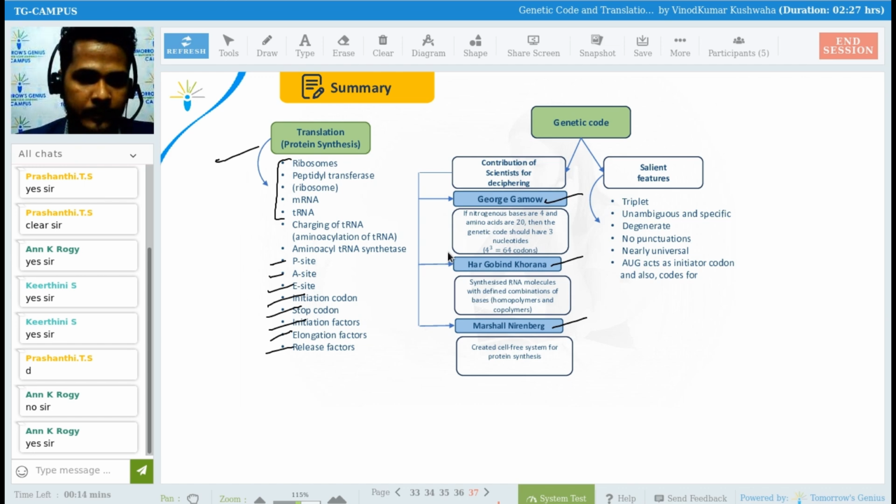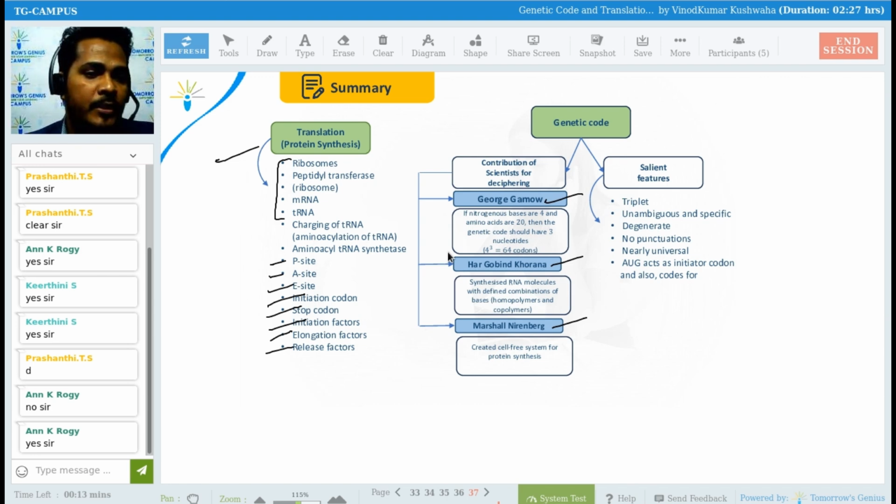The wobble hypothesis is named after the scientist who hypothesized that the base at the 5' end of the anticodon is not confined to the other two bases, so it can be U, A, C or G initially. That allows it to form a hydrogen bond with any one of several bases located at the 3' end of the codon. That is the wobble hypothesis.